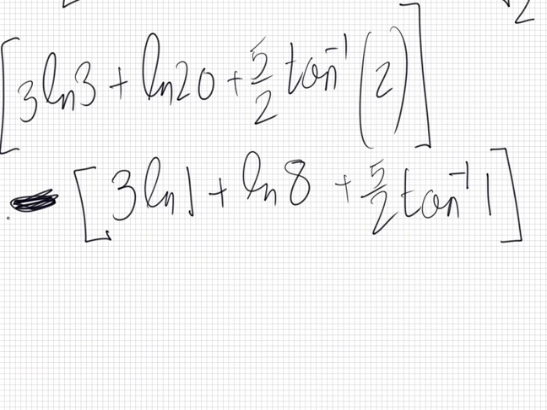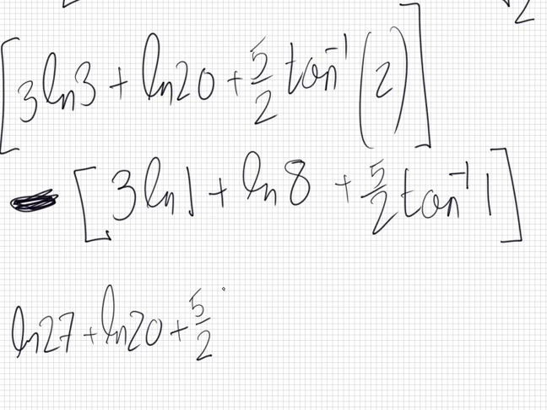Now let's clean it up. What can I do with this 3? Bring it to the top, right? So that would be 3 cubed, which is 27. So you get log 27 plus log 20. Now, in radian mode, because remember it's radians here, what's tan inverse 2? If you check it, you'll see that it's a decimal.